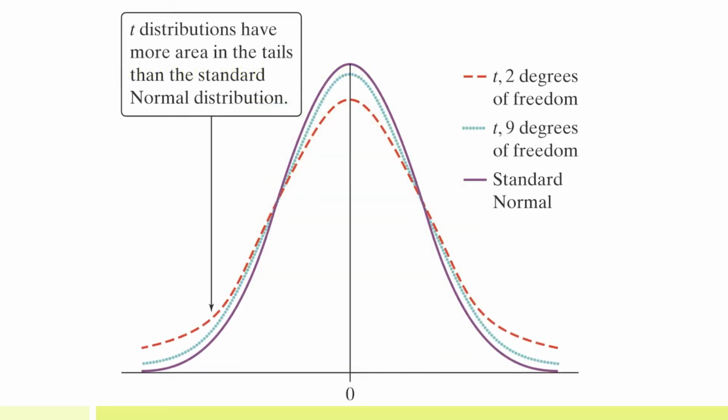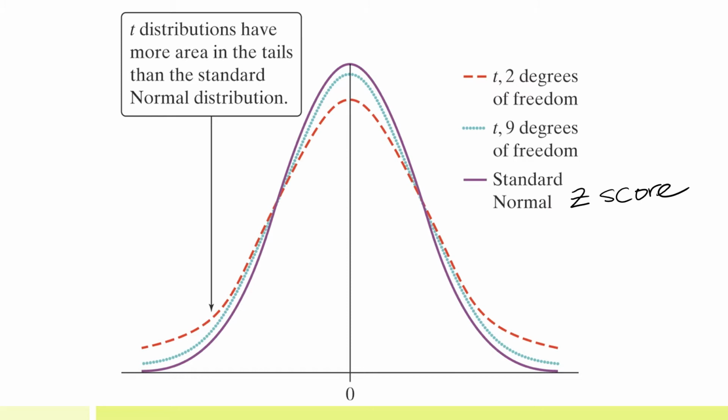I told you that each t-distribution was slightly different, so I want to show you a picture of what this looks like. Purple is our standard normal. Remember, our standard normal is code for z-score, or our z distribution, right? So we have t with 2 degrees of freedom, meaning I don't have a whole lot of variables.